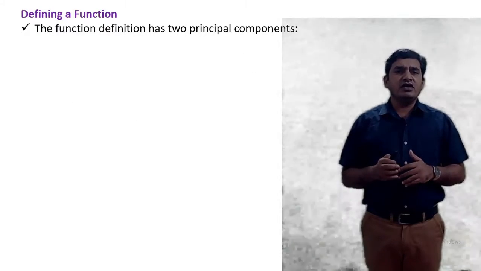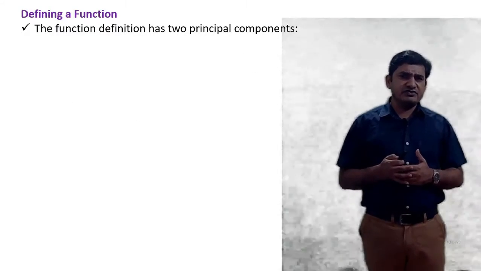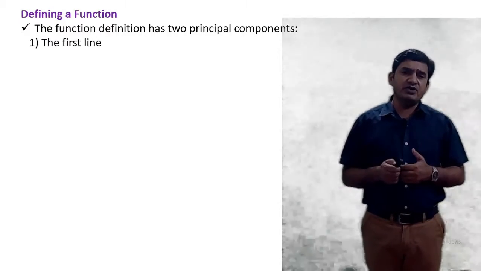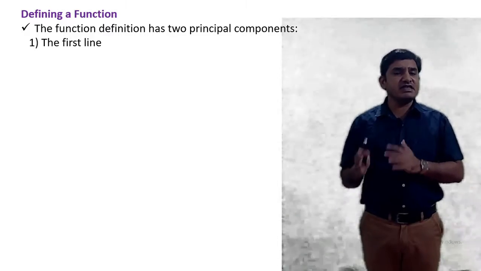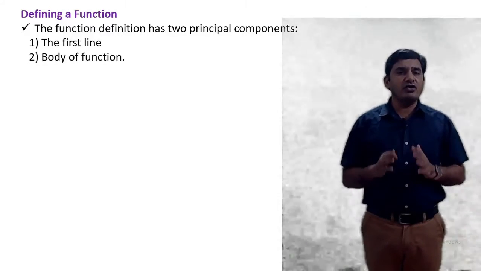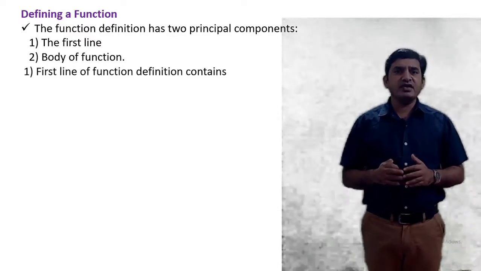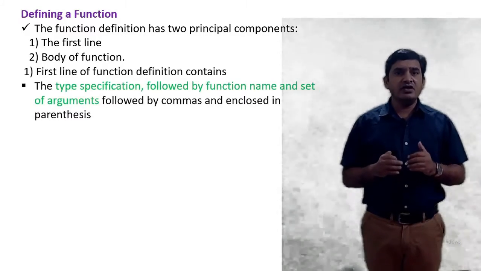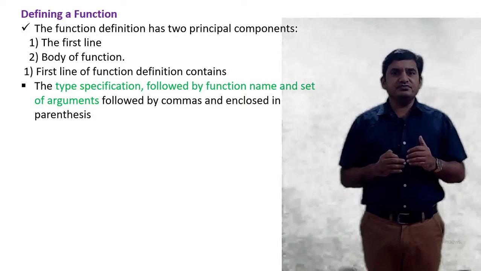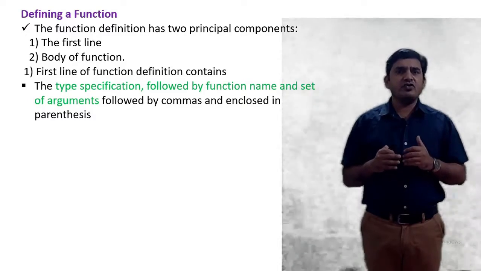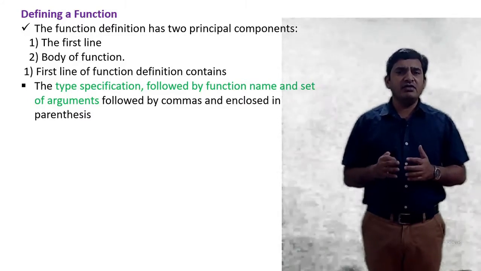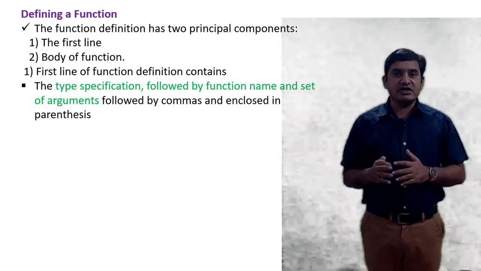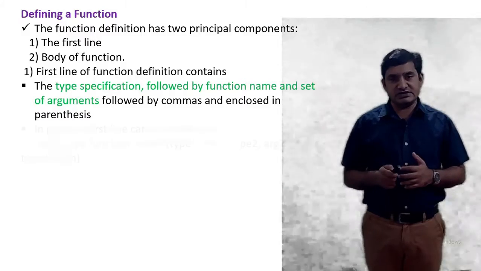Now we have to declare the function. The function definition has two principal components, that is the first line and second is the body of the function. The first line of function definition contains the type specification followed by function name and a set of arguments separated by commas and enclosed in parentheses.